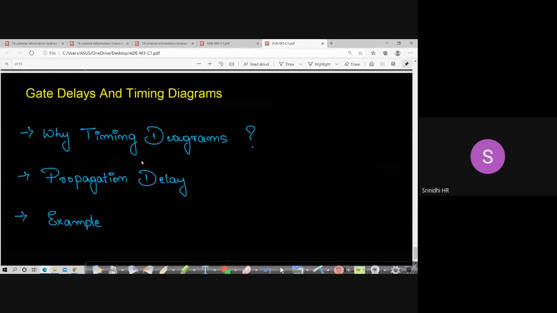So now the question here is, we have gate delays and timing diagram. Why do we require gate delays? That is my first question. Any circuit's internal happenings can be represented using a timing diagram. We have representation of truth table, Boolean equation, K map, and one of the types of representation is your timing diagram.